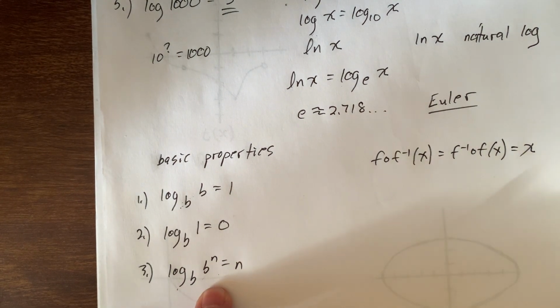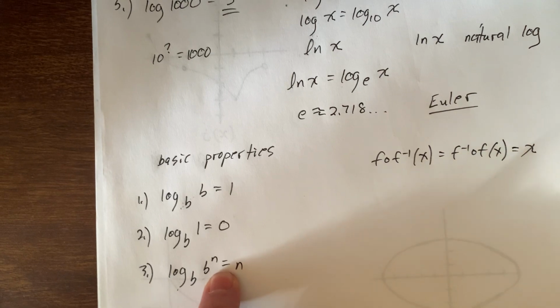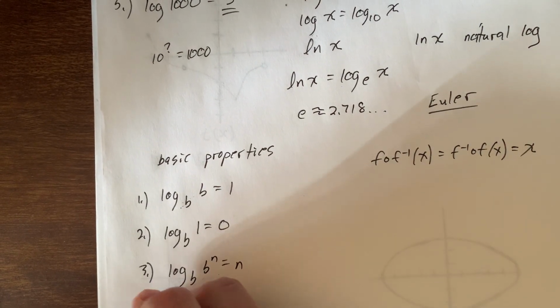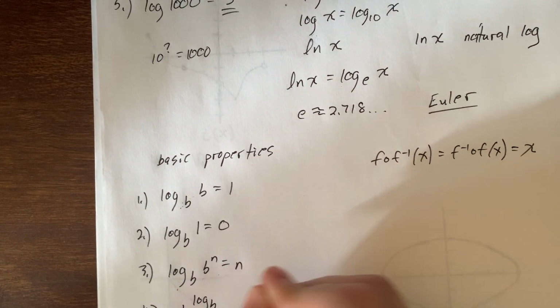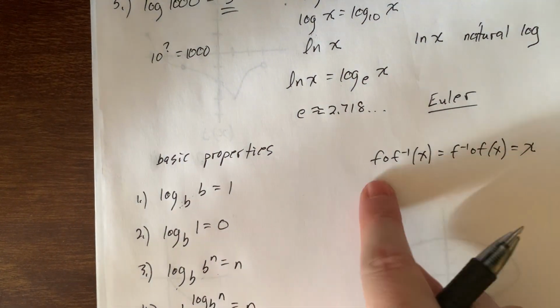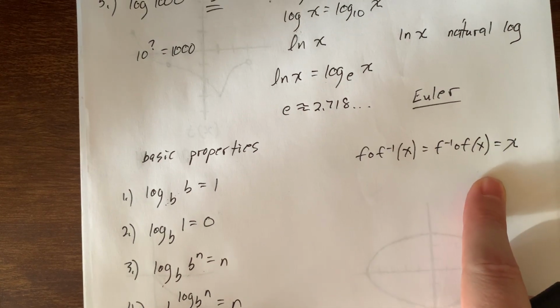And that's what this property is trying to get to: if you do these consecutively, they undo each other and cancel. And same thing if I do it in the other direction, b to the log base b of n also equals n.